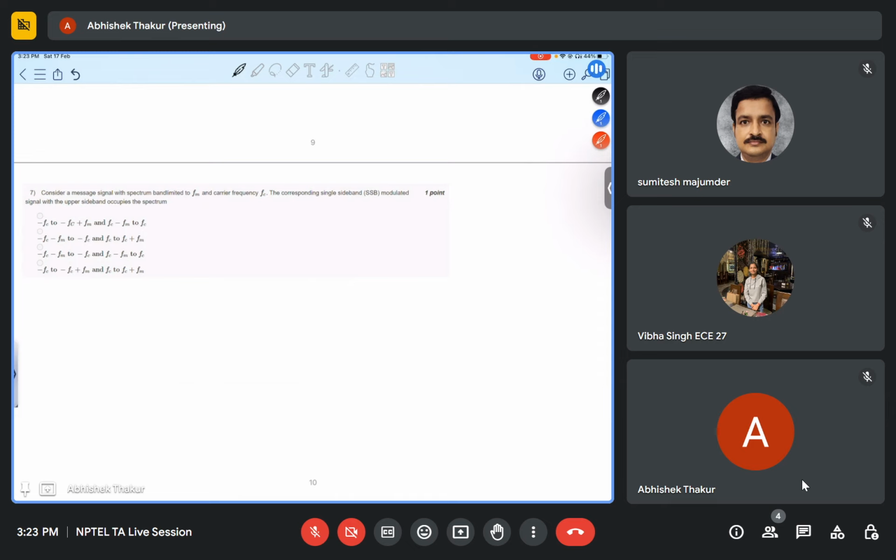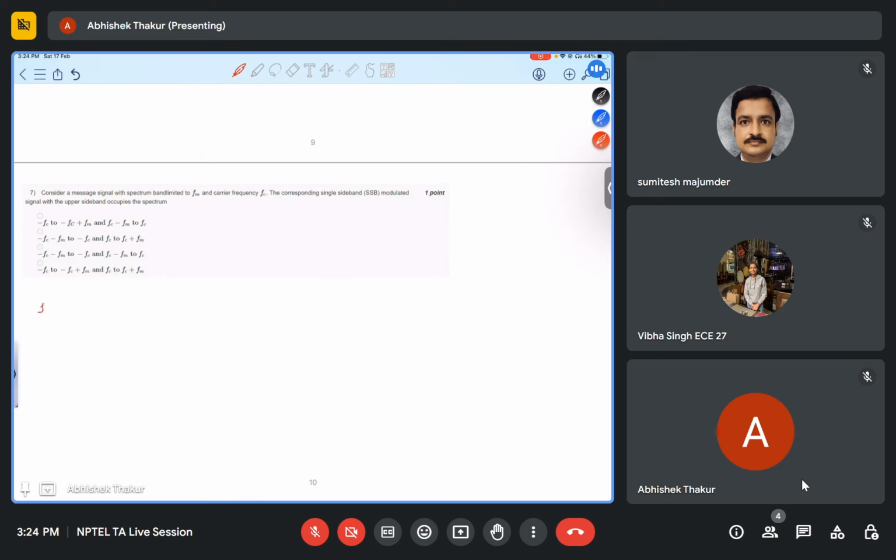So now the next question is, consider a message signal with a spectrum band limited to fm and carrier frequency fc. The corresponding single sideband modulated signal with upper sideband occupies the spectrum. So the single sideband, we'll write the equation of all three signals, then it will be more easier for us.